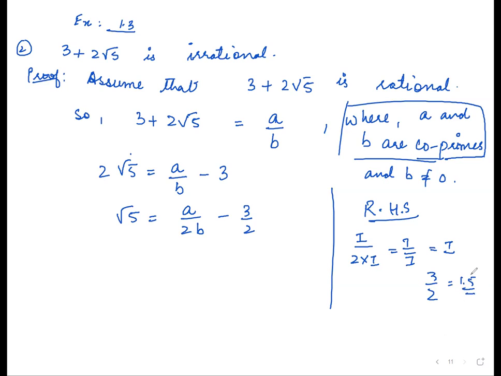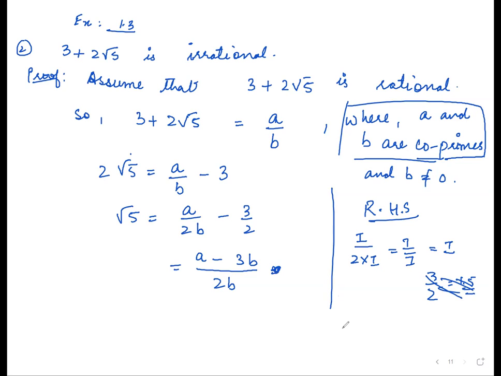Okay. Or you can understand it this way also. If you take the LCM, you will get 2B as your LCM, right? So you will get A minus 3 into B. So basically, again, integer minus integer is an integer.